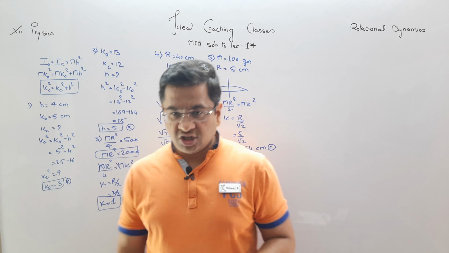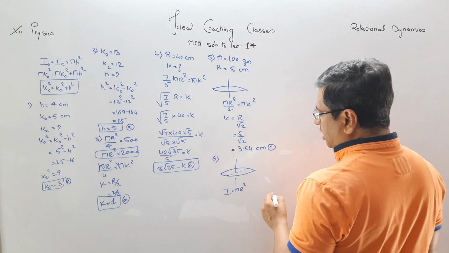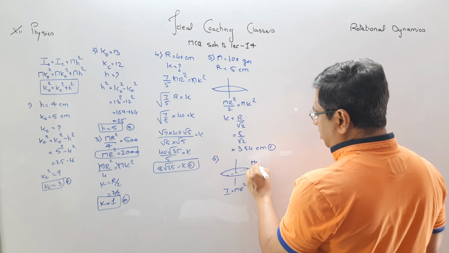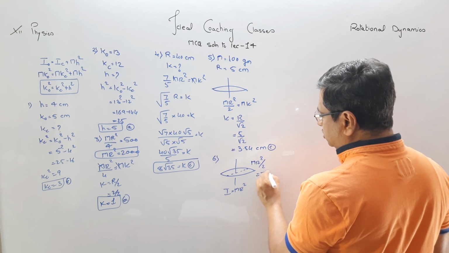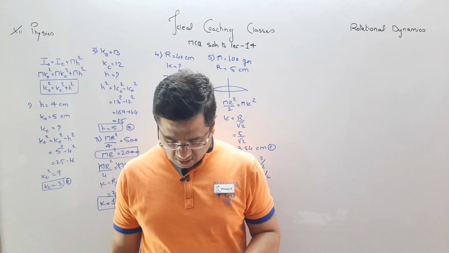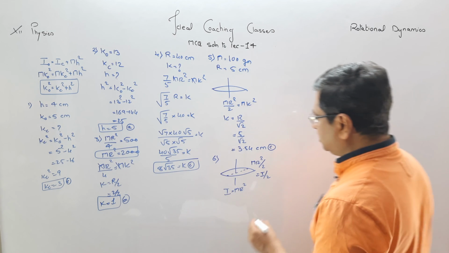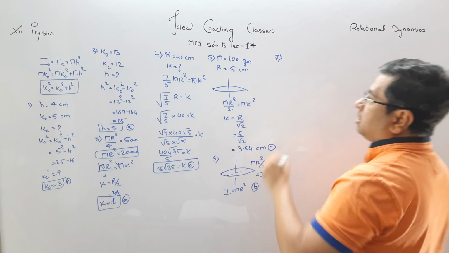Then moment of inertia about the diameter will be how much? About the diameter will be mr square upon 2, but mr square is I, so it is I upon 2. That's right. The answer is B, second option.